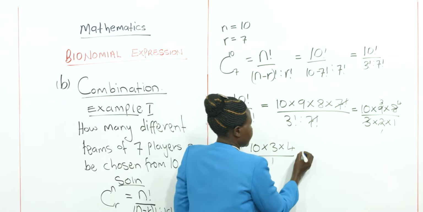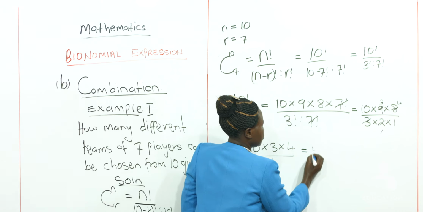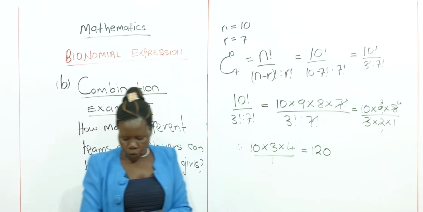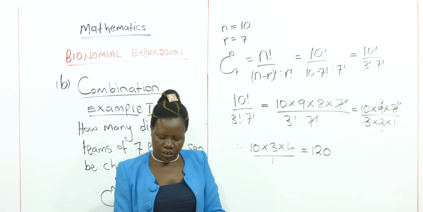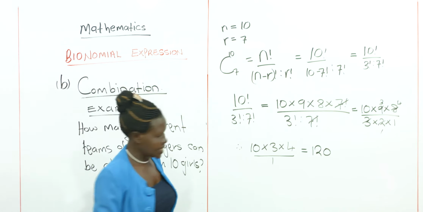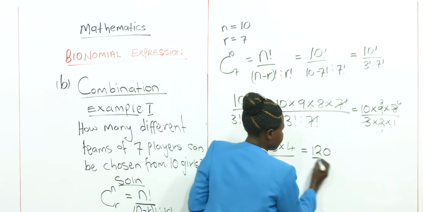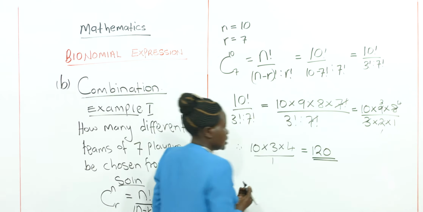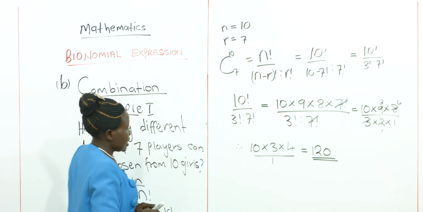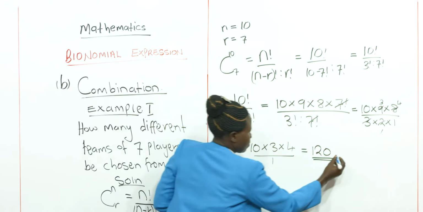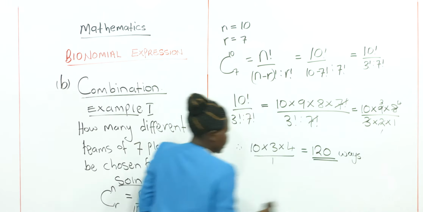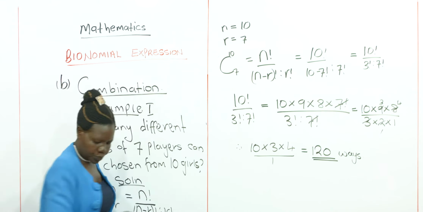Divided by 1, we get 120. So we shall have 120 ways. That is what you'll have. So you have 120 ways of selecting these girls. That is for example 1. So let us look at example 2.